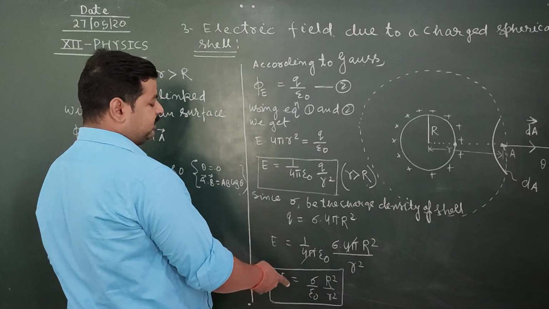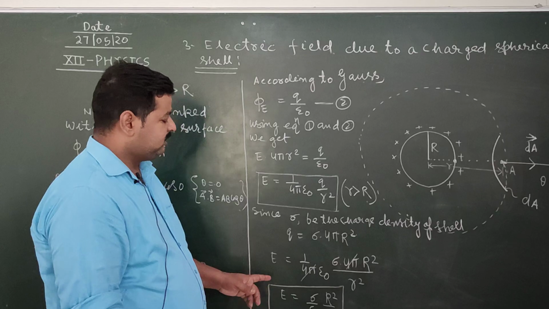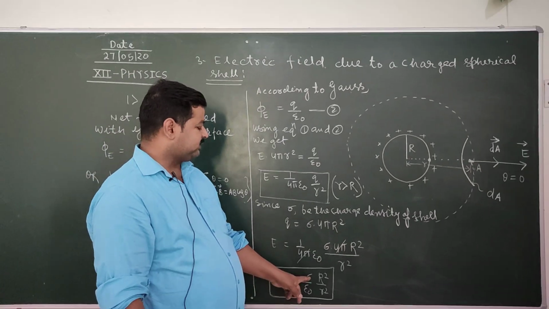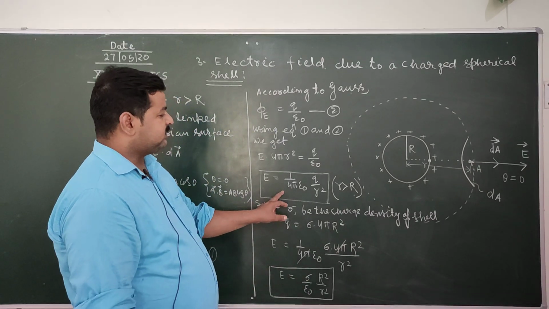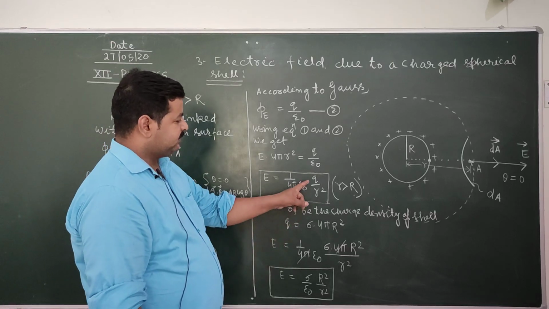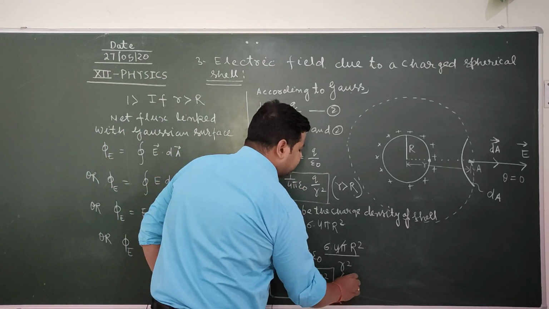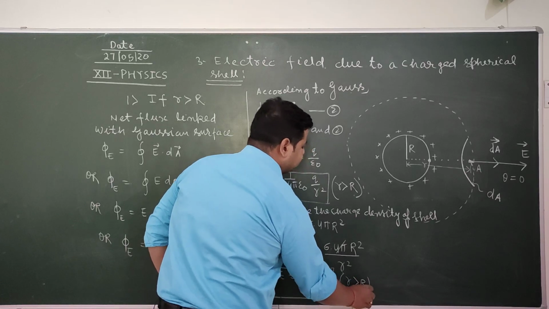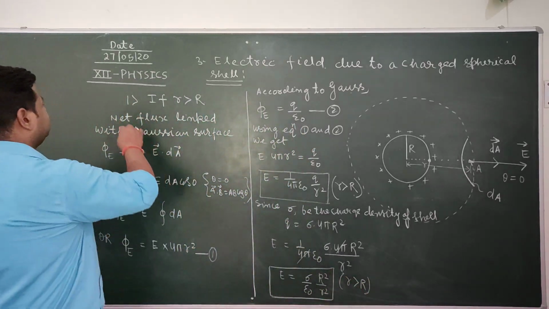This is also the electric field outside of the cell, but in terms of the charge density, and the earlier one is the electric field in terms of charge. So here also we write small r is greater than capital R. So this is the first case.